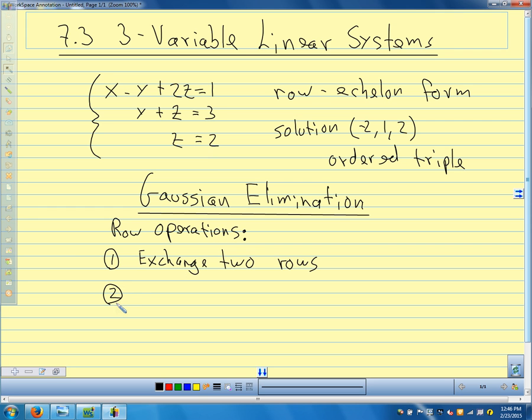We can multiply any of the equations by a constant. And we don't want our constant equal to 0, because if we multiply a row by 0, we just end up with all zeros, and that doesn't help us out.